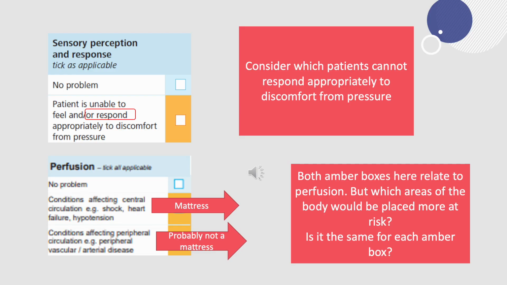So with sensory perception and response, there are those patients who may have had a spinal injury, may have a neurological condition, peripheral neuropathy, anything where they're unable to feel discomfort from pressure. But then there's that group who are able to feel discomfort from pressure, but for whatever reason, dementia patients are a really good example, they're not able to communicate that to us in a way which we're understanding.